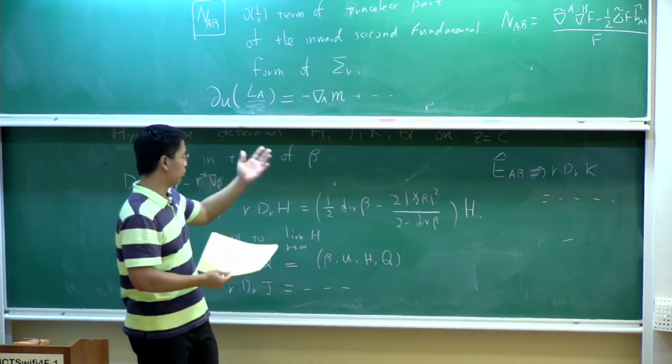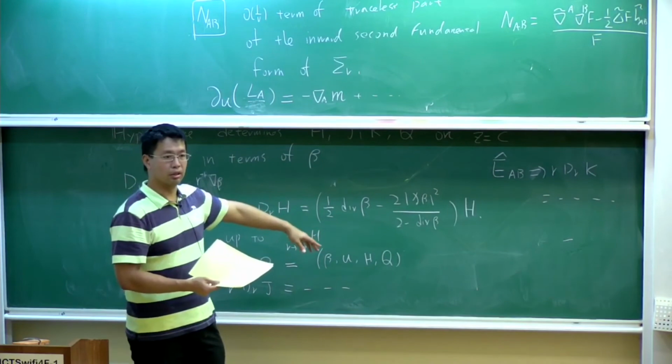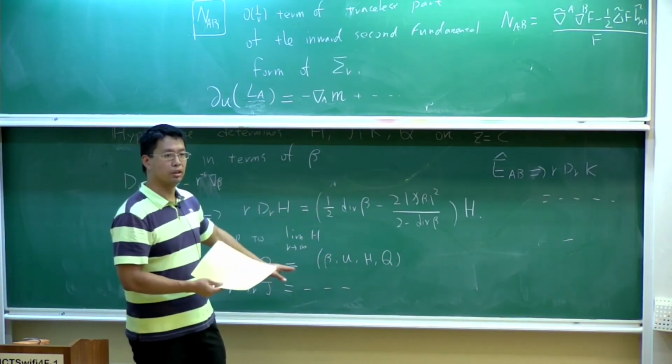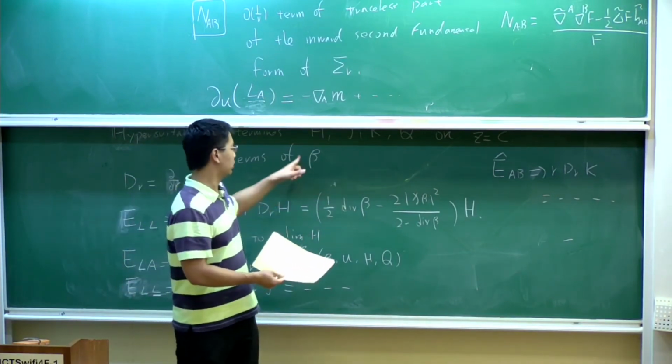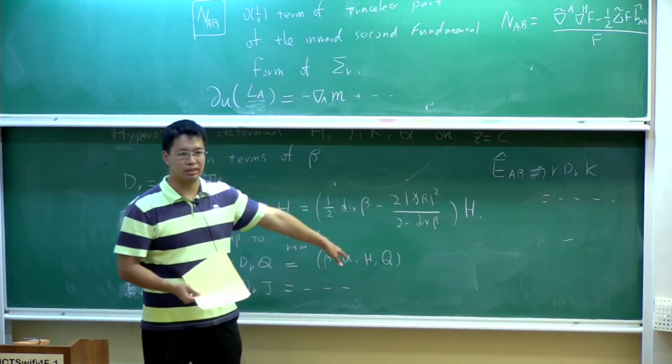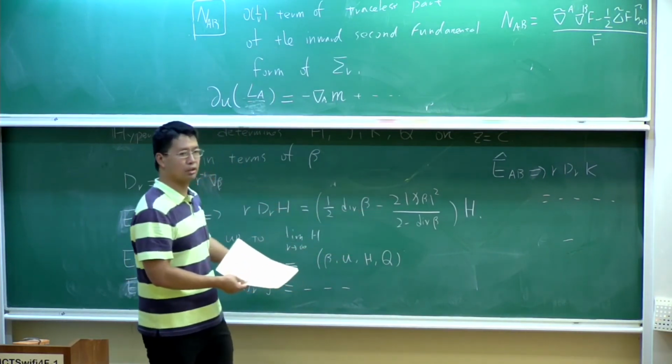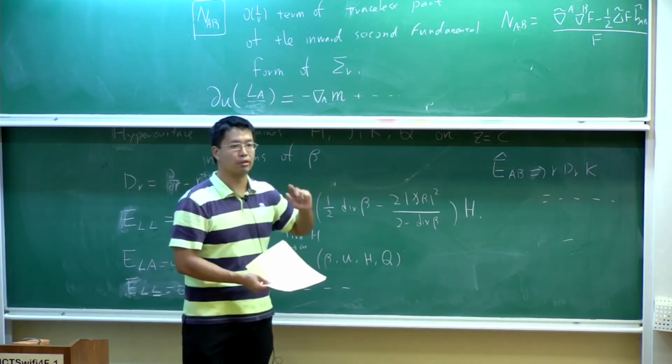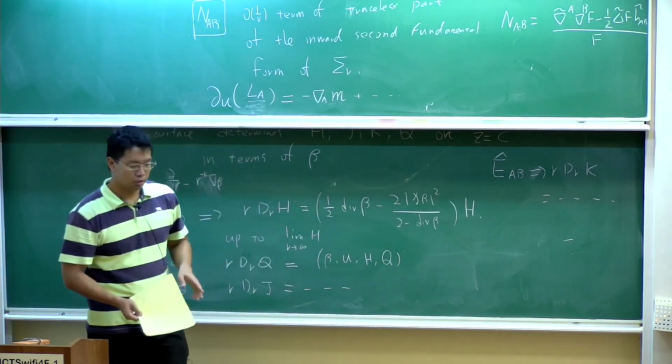Okay, so again, it's going to be a system of nested ODEs. From beta, I can solve for H. From H, beta, and other things I can solve for Q. I can solve for J, and then finally we solve for K. Okay.